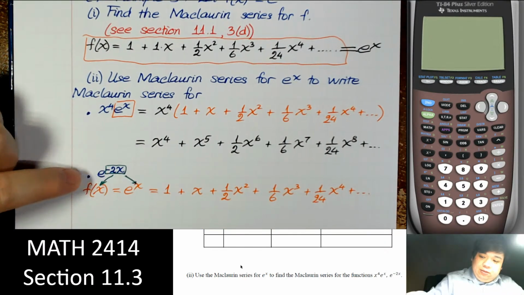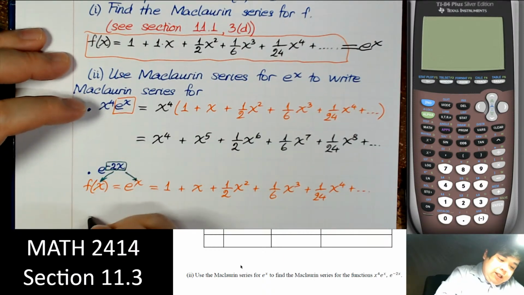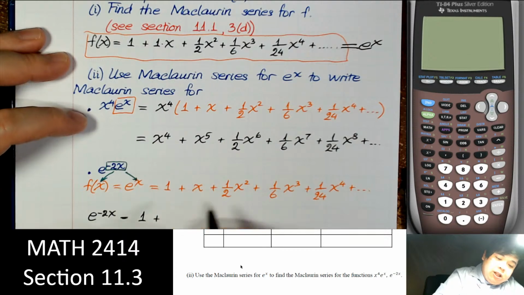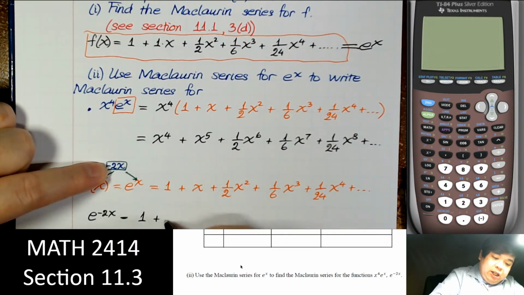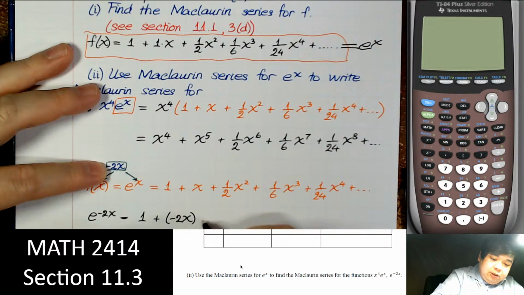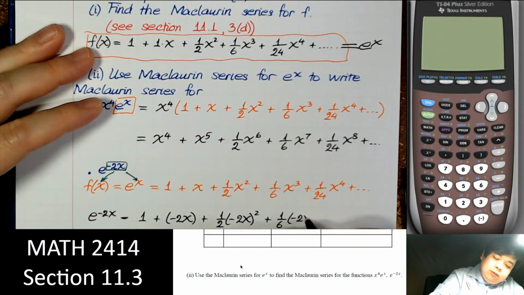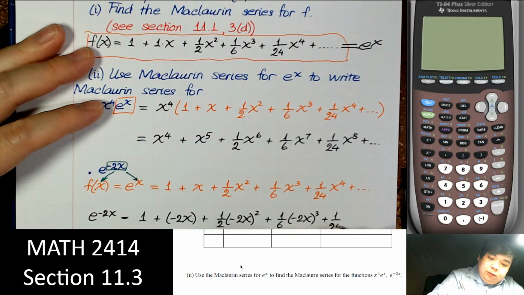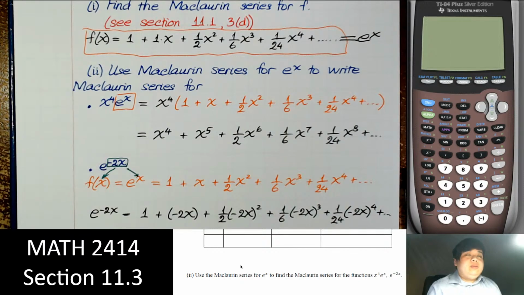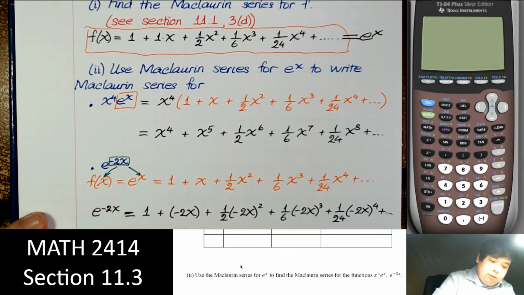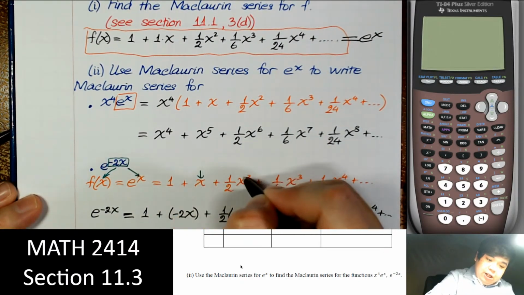So e to the negative 2x equal to 1 plus, instead of x, we're going to use negative 2x. Substitute on all of this x.